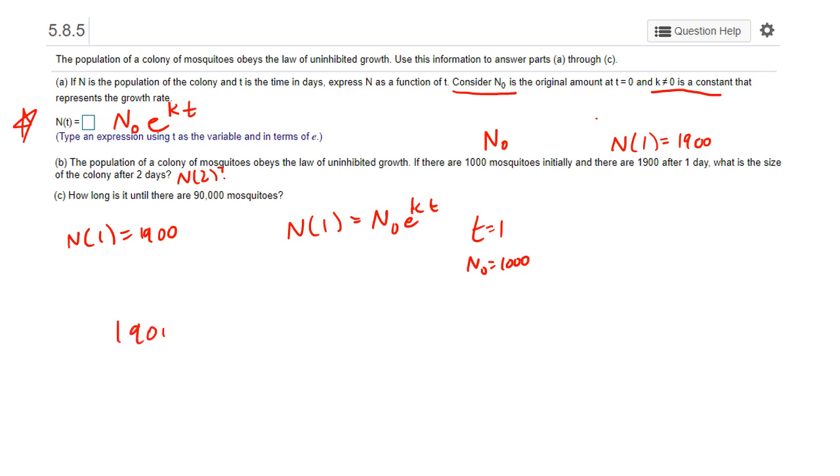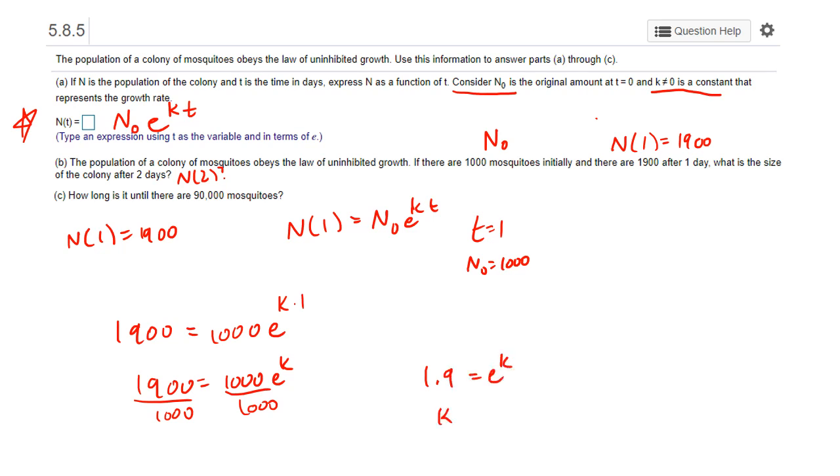Altogether, we get 1900 equals 1000 e to the k times t, and t is just 1. So we end up with 1900 equals 1000 e to the k, and this is going to allow us to solve for the value of k. Dividing both sides by 1000, we have 1.9 is equal to e to the k, or k is equal to the natural log of 1.9.